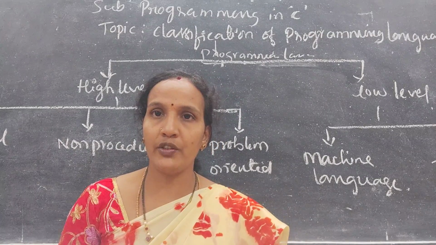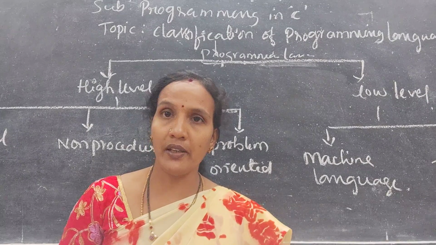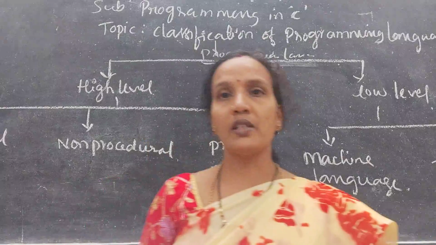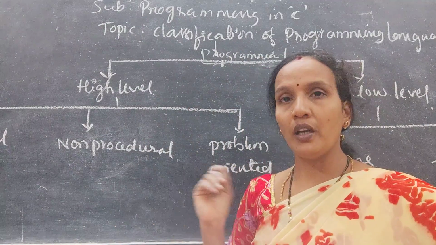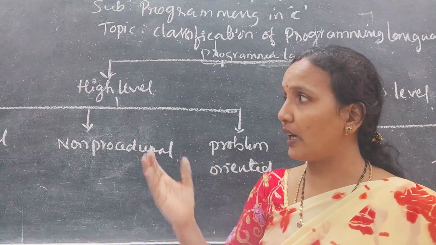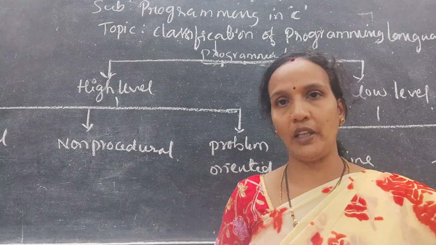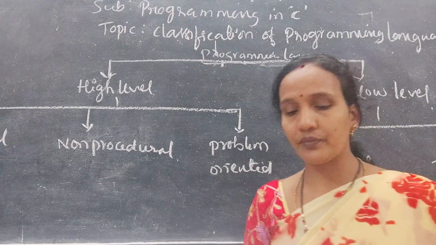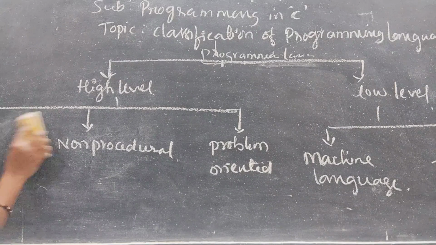Low level is divided into two types, machine language and assembly language, whereas high level is divided into three types: procedural, non-procedural, and problem oriented. Write down this category, because again in procedural we have three types, in non-procedural two types, and in problem oriented two types. That we'll discuss. First we'll discuss the low level, because in the low level we have only two types.